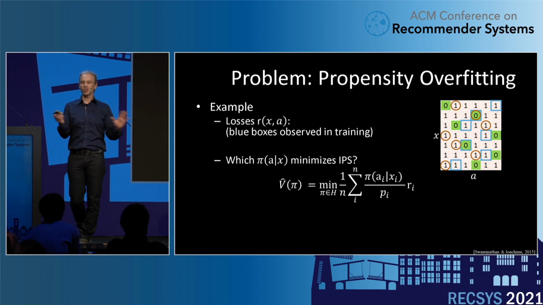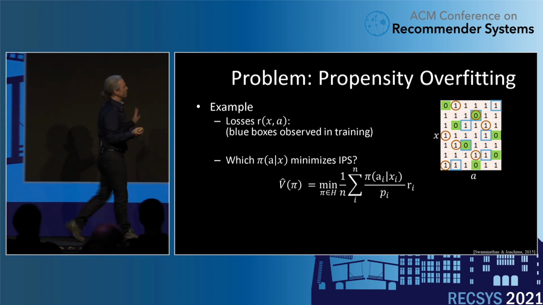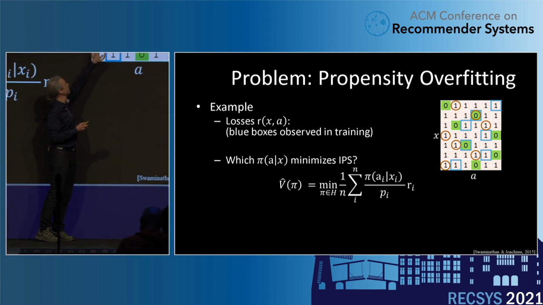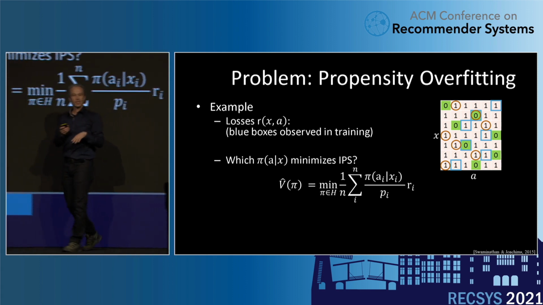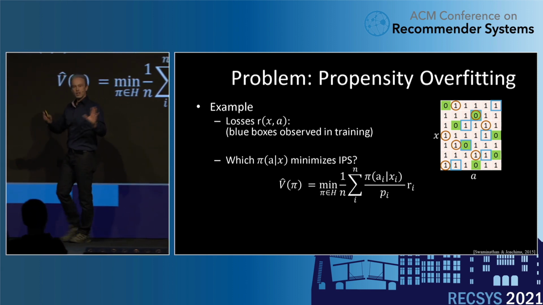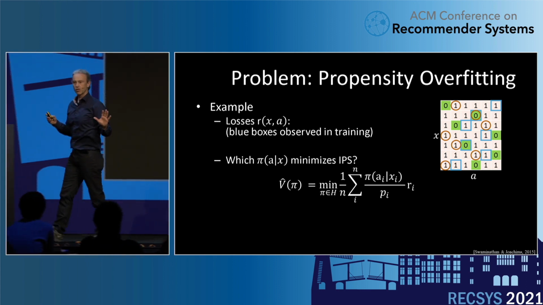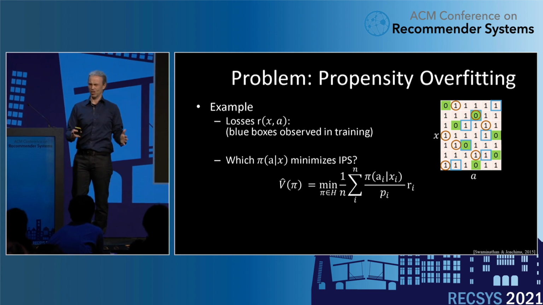That gives you an estimated loss of 0. So here, for example, these are the choices. This is a policy that minimizes the IPS training error. And the more I avoid the choices of the logging policy, the closer I get to 0, which is clearly not what we want.